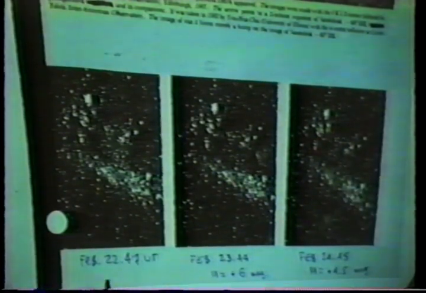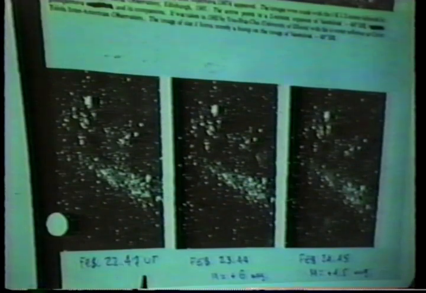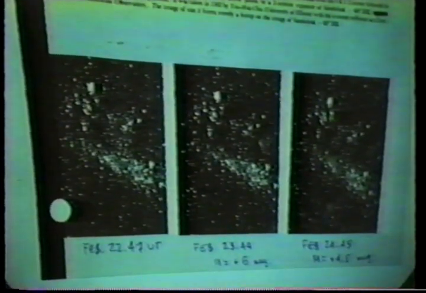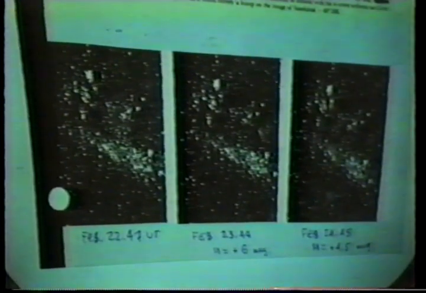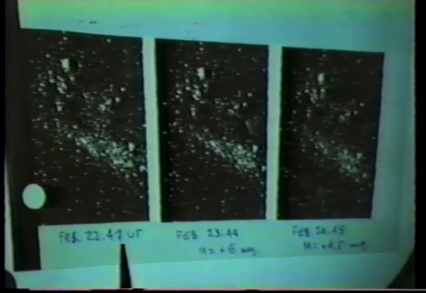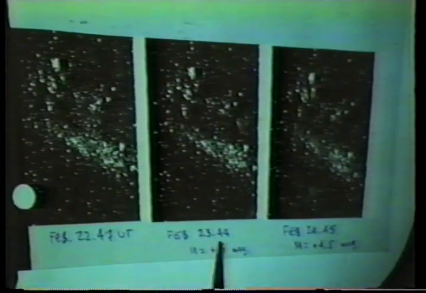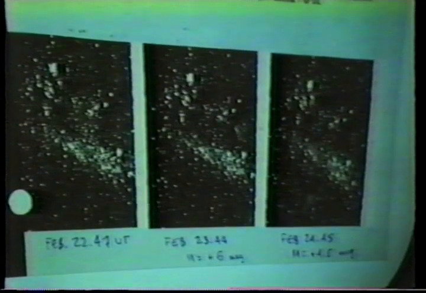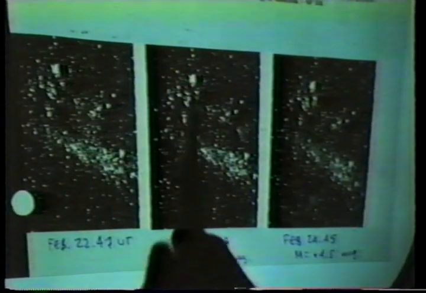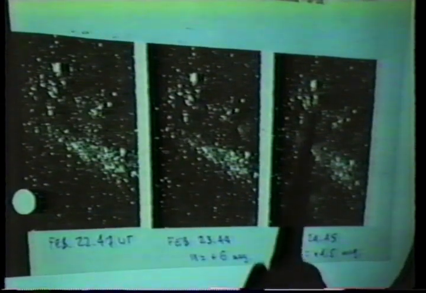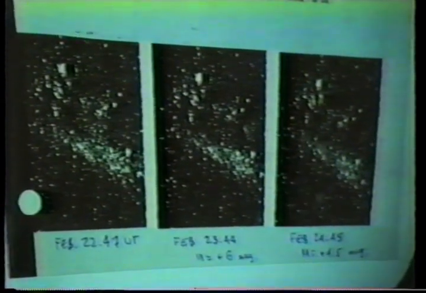This is February 22nd, 0.47. You don't say 0.47 to tell time. What this means is 47 hundredths of a day. Here, this is 23 plus 44 hundredths of a day, and 24.45. What you see here is suddenly the star over here now. There's nothing here. Then it begins to get brighter, and it gets brighter and bigger still.